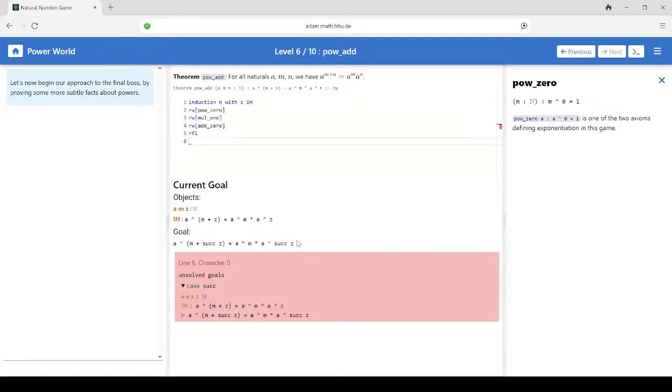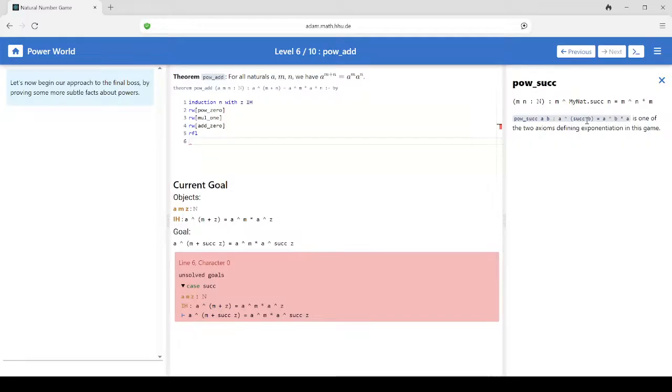Okay, so now what do I do? In the case where N is a letter, or in this case Z, now what do I do? Wait, there is a thing, POW successor.